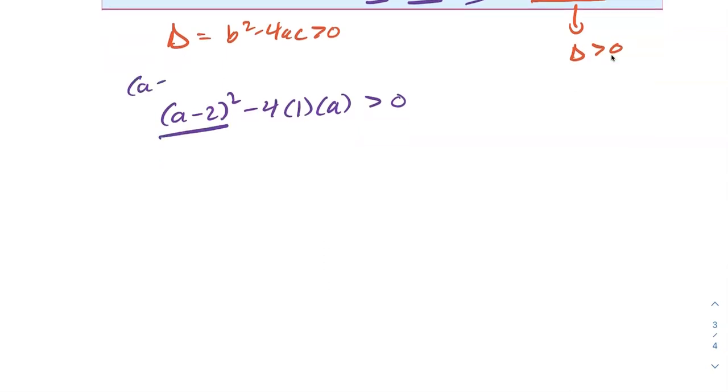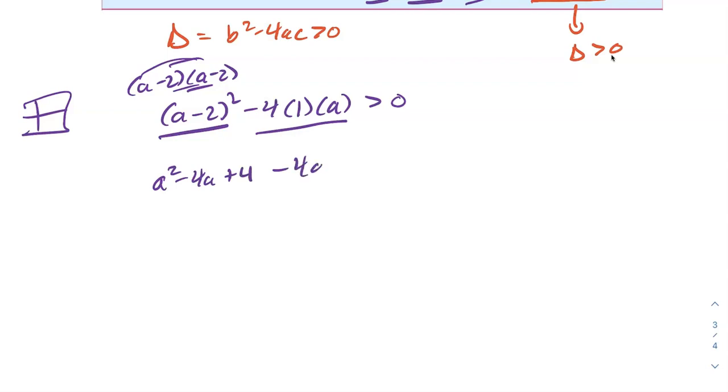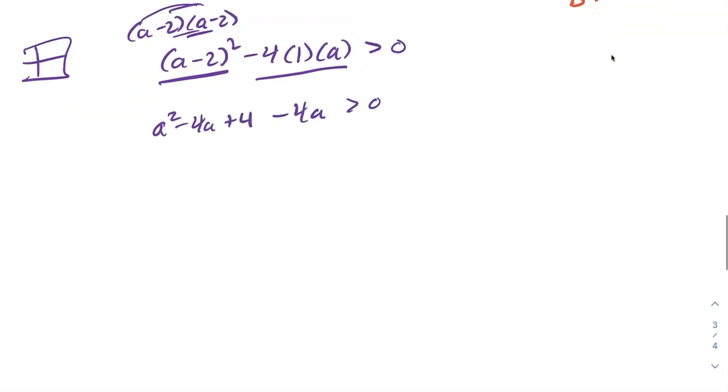This is (a minus 2) times (a minus 2). Distribute or do the box method. You should get a squared minus 4a plus 4, and then minus 4a, greater than 0. I get a squared minus 8a plus 4 is greater than 0.